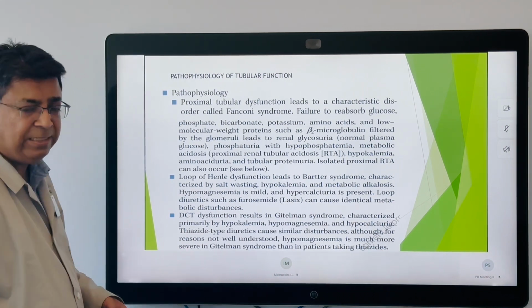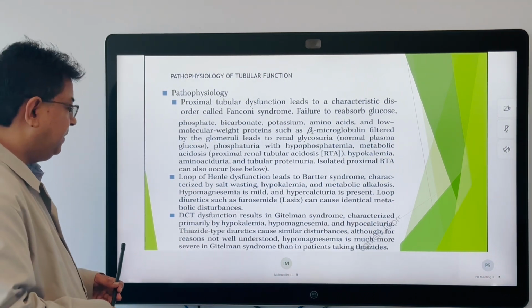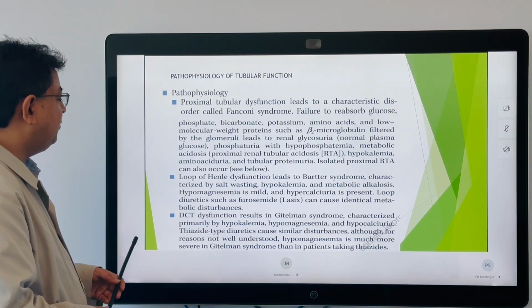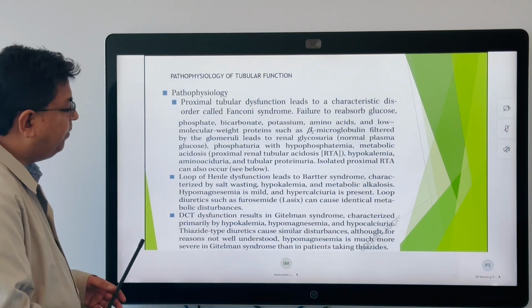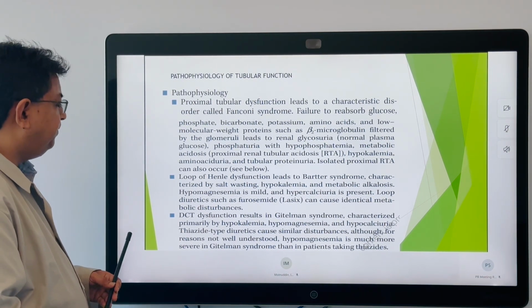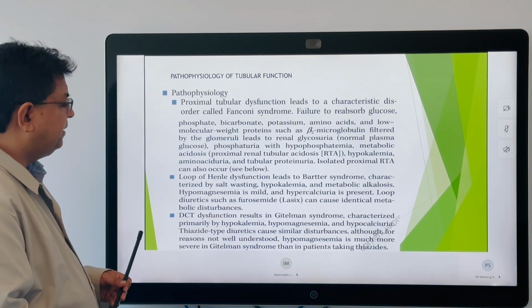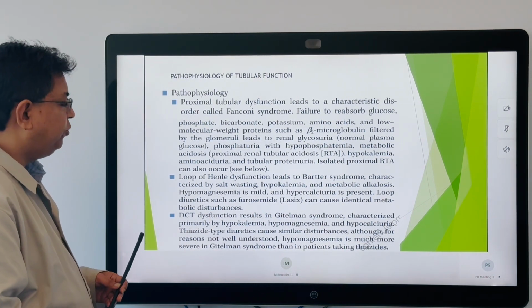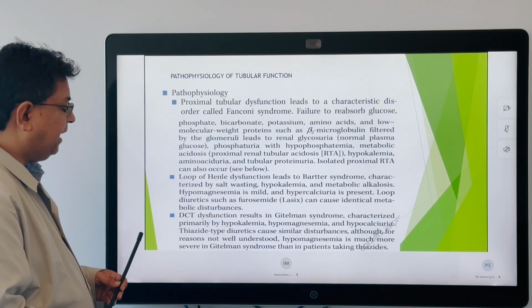So Gitelman's is like having constitutive thiazides on board. This is characterized primarily by hypokalemia, hypocalciuria, and it also causes hypomagnesemia, which is much more severe in Gitelman syndrome than in patients taking thiazides.